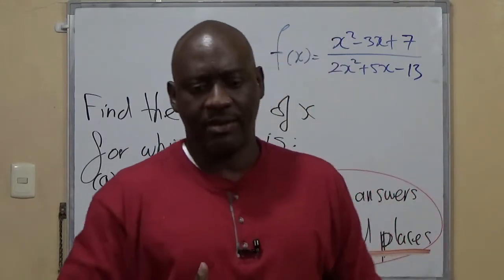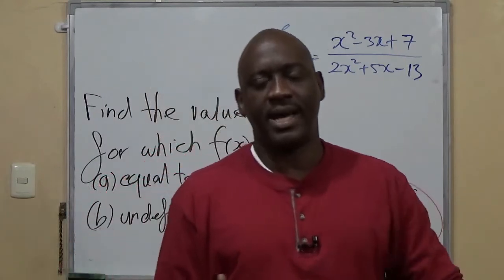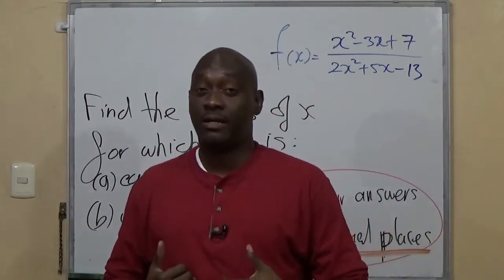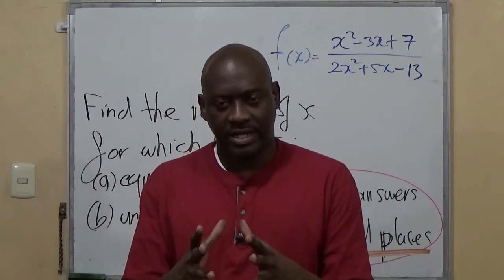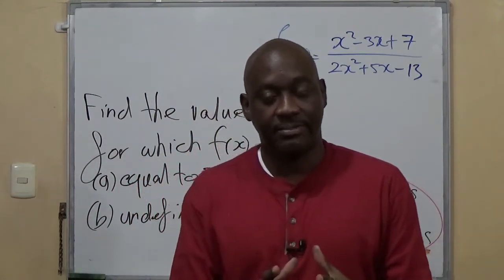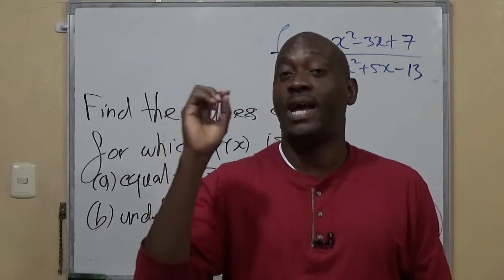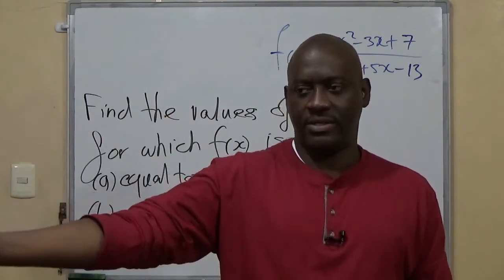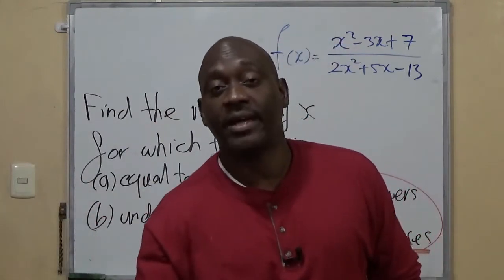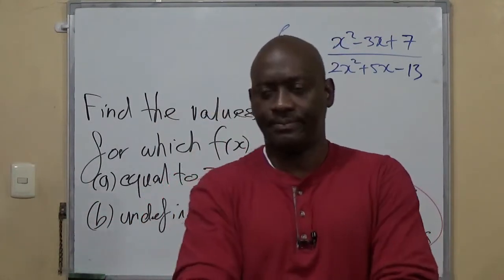We started off with a rational function where the numerator and the denominator were both linear expressions, which meant that if we had to find the values of x for which the function was 0 and undefined, in both cases we would only have one value of x for which the function was 0 and one value of x for which the function was undefined.